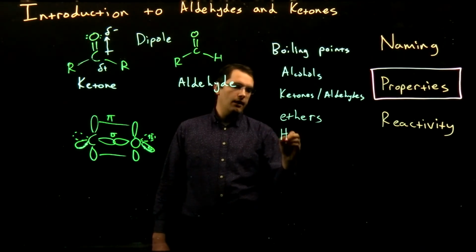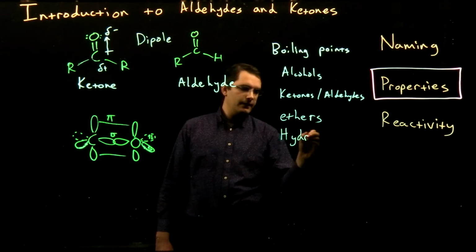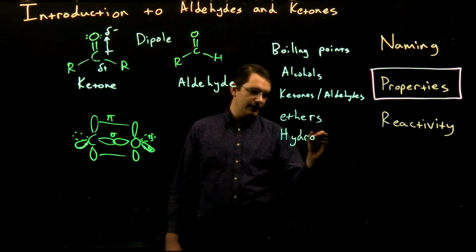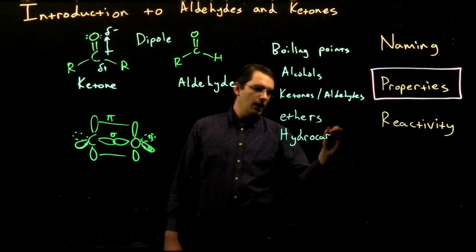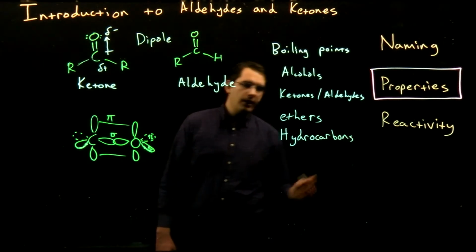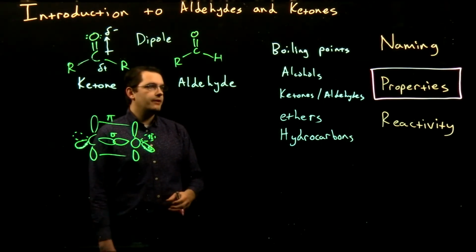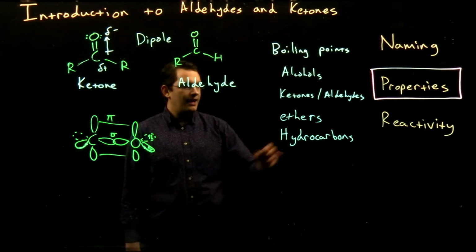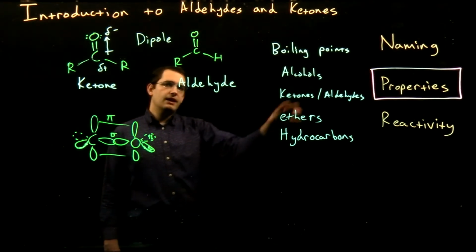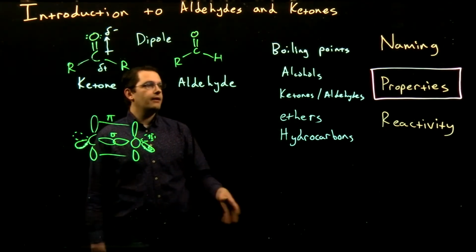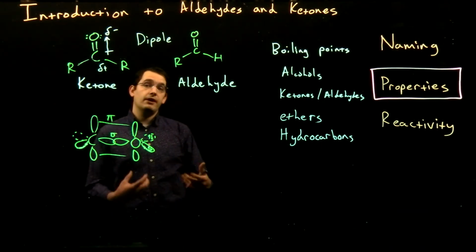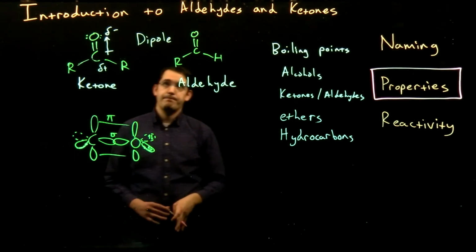And below that are our hydrocarbon functional groups like the alkanes, alkenes, and alkynes. Of course, all of these are relative and depend on the number of carbons that we have. Ethers and hydrocarbons tend to be pretty close. Ketones and aldehydes just slightly above that. Alcohols, of course, are significantly higher due to that hydrogen bonding.